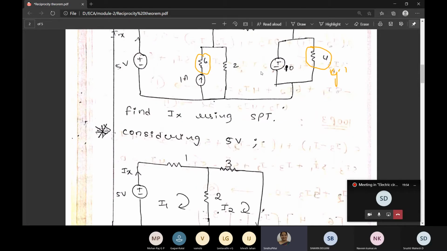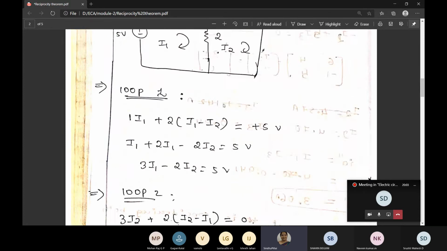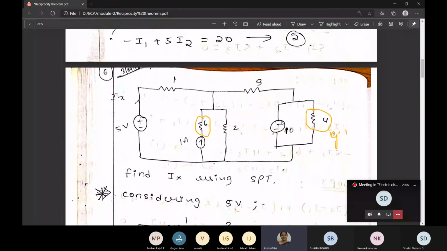Next, when we consider 10 volts, the 5 volts should be short circuited and the current source should be opened. Write loop 1 and loop 2 as you did before, solve the network, and next consider 1 amp. When considering 1 amp, the 5 volts and 10 volts are short circuited.